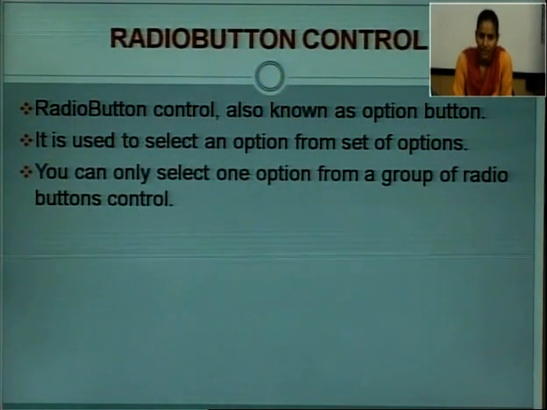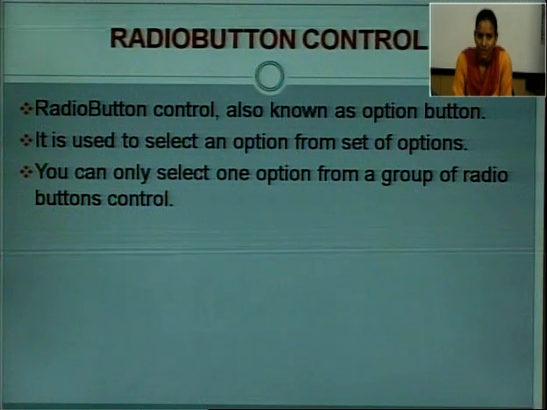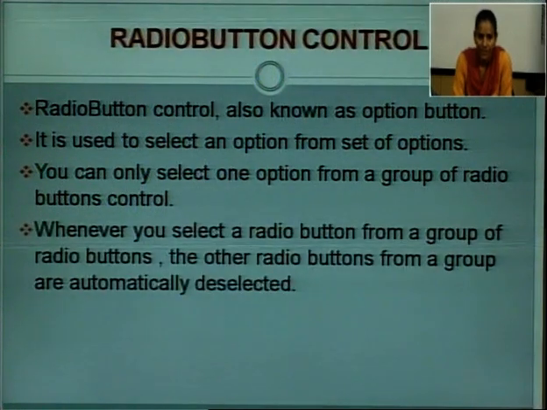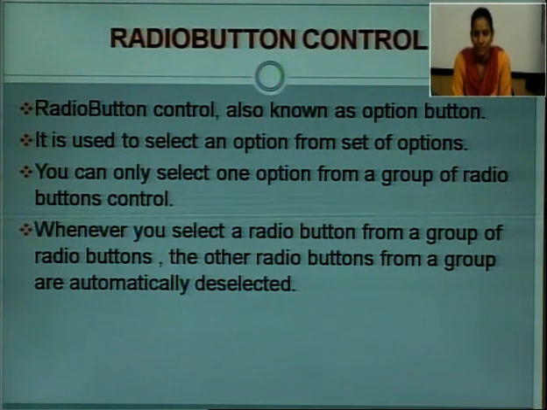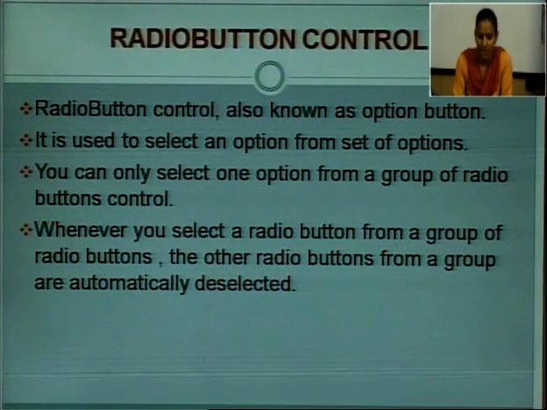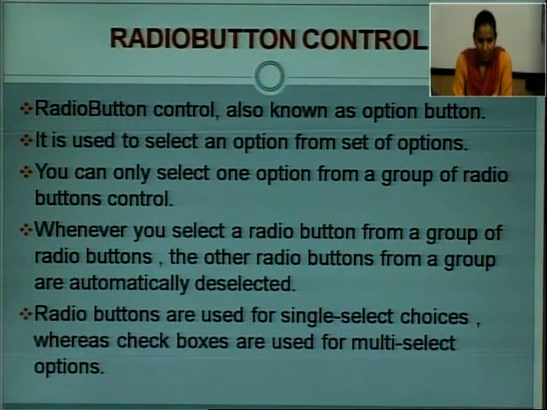You can only select one option from a group of radio buttons. Whenever you select a radio button from a group, the other radio buttons in the group are automatically deselected. If you have provided single or married and you select single, then married is automatically deselected, and if you select married, single is automatically deselected.